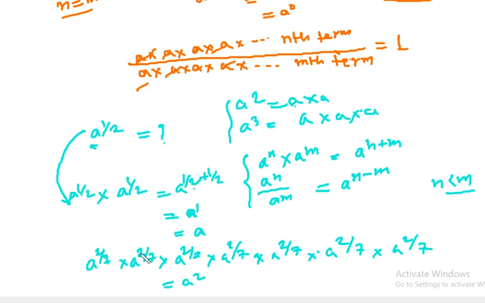We just added 2 by 7, 2 by 7, 2 by 7, and so on, and finally we get a square. So a to the power 2 by 7 is such a number that if we multiply it 7 times, we get a square. That meaning of this expression we are accepting.